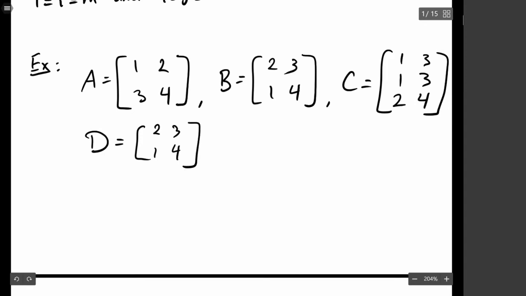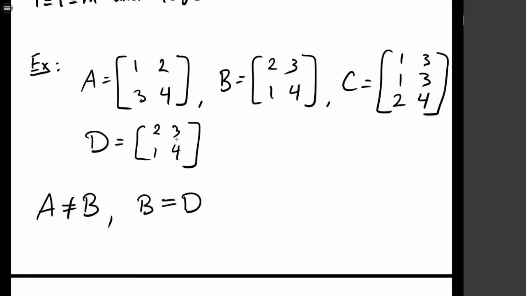Let's look at some options we have here. So here, the matrix A is not equal to the matrix B because the first entries are different. The 1, 1 entries are different. On the other hand, B is equal to D because every single entry in this matrix matches up.